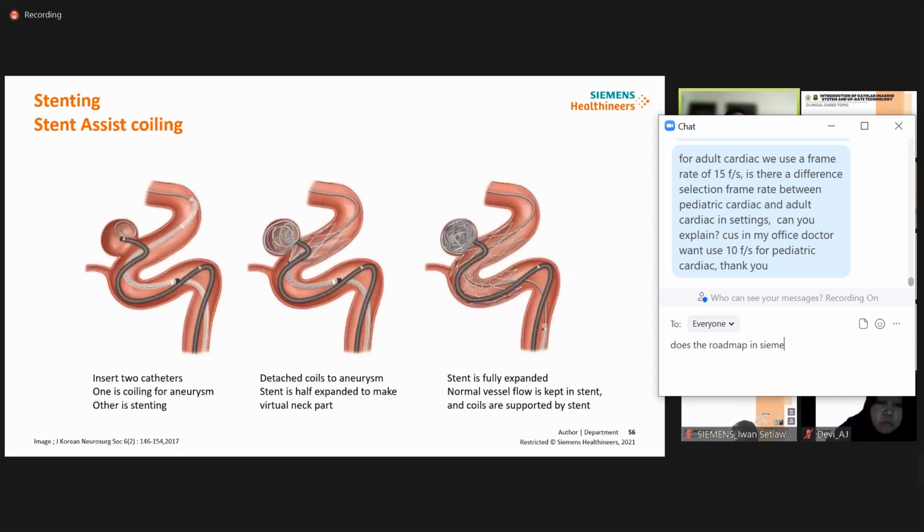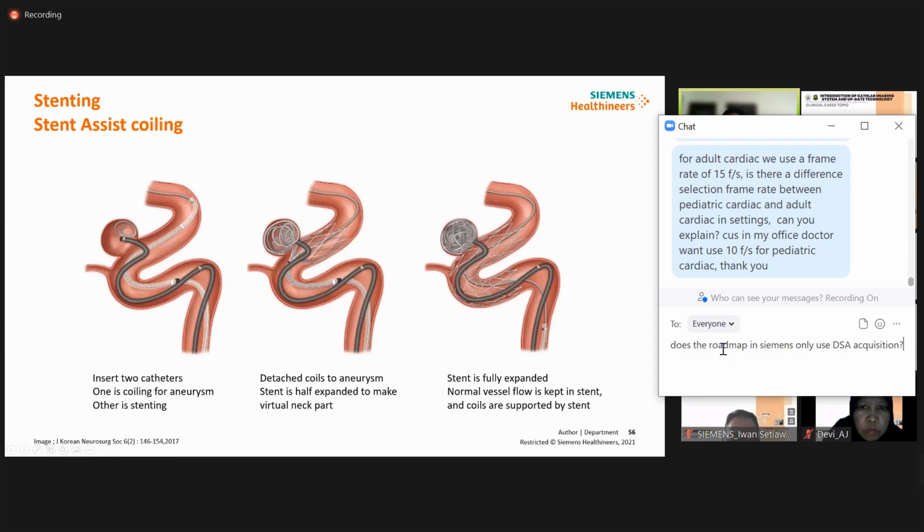So for wide neck aneurysms, stent assist coiling is performed. In this case, we insert two catheters. One is for the aneurysm, the other is for stenting. While coiling, the stent is half expanded to make a virtual neck like this. We don't have a neck part here, but when we half expand the neuro stent, we can make the virtual neck part like this.